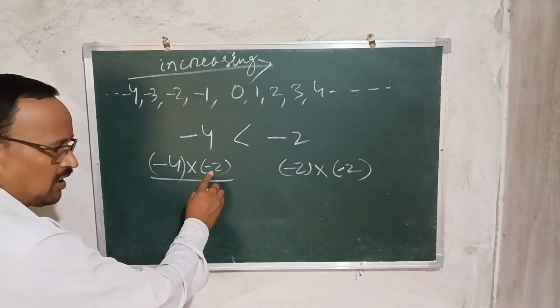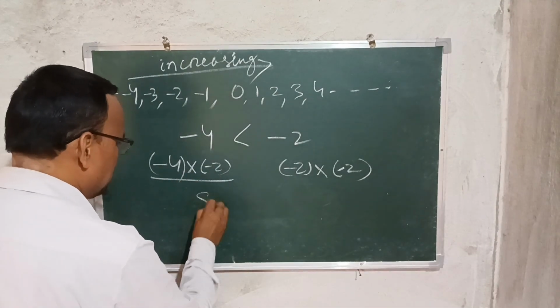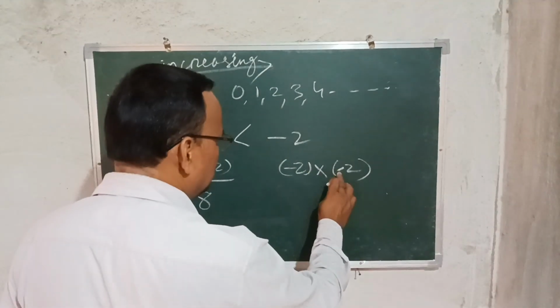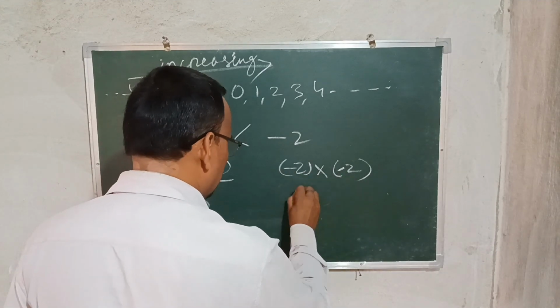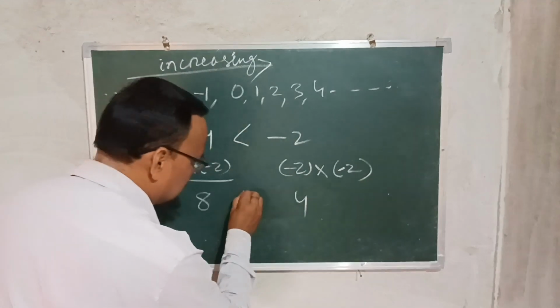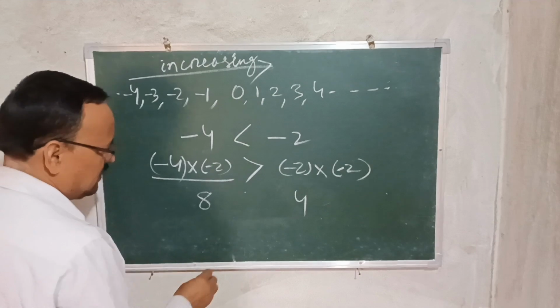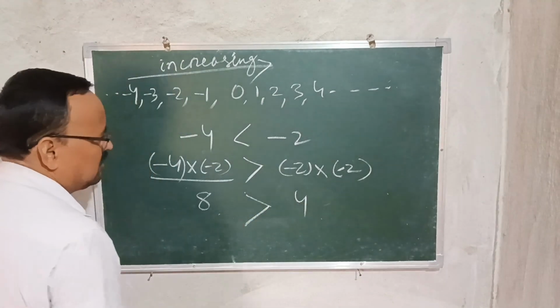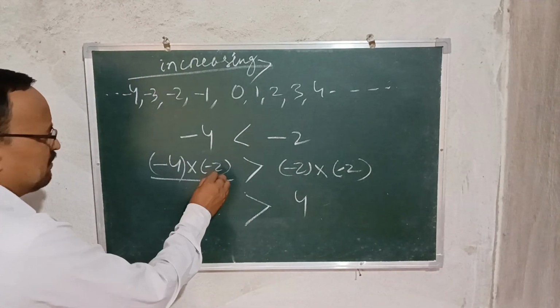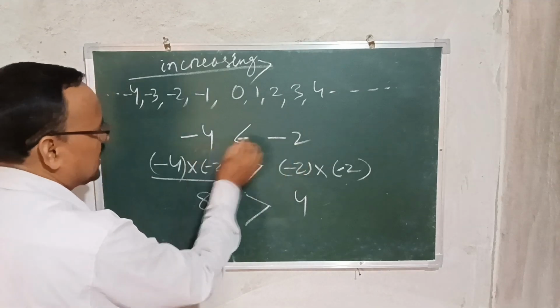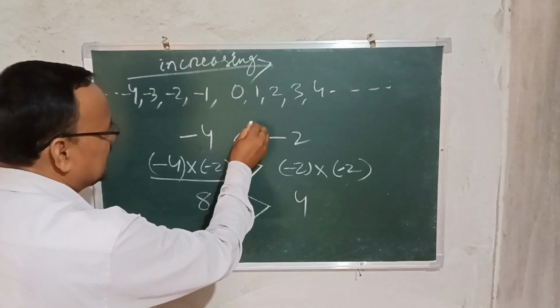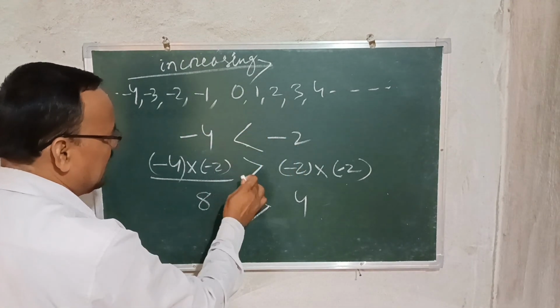Minus minus is plus, 4 times 2 is 8. Minus 2 into minus 2, minus minus is plus, 2 times 2 is 4. So 8 is greater than 4. So when a negative number is multiplied with both sides, the greater becomes less, or the less becomes greater.